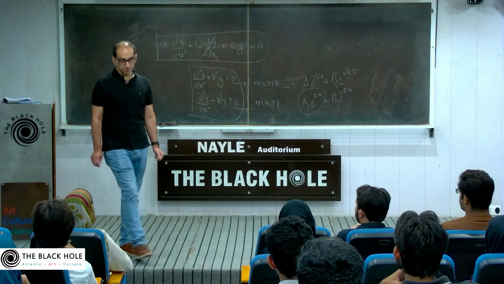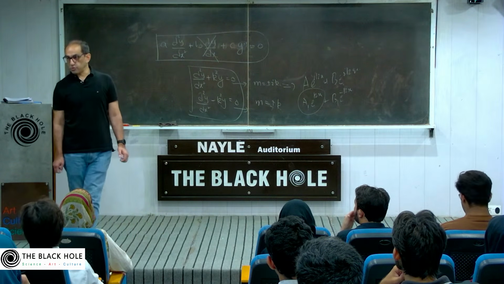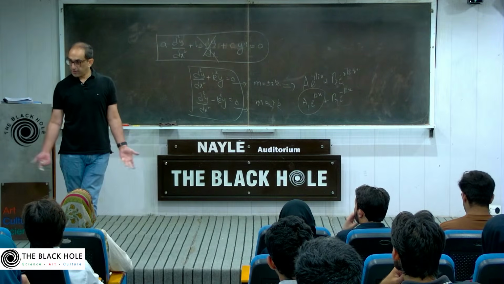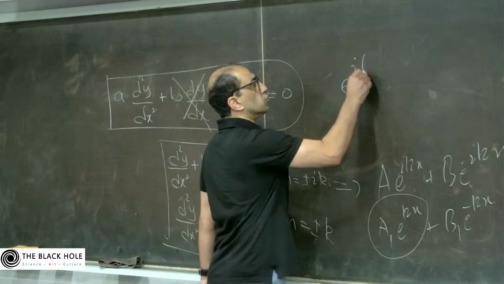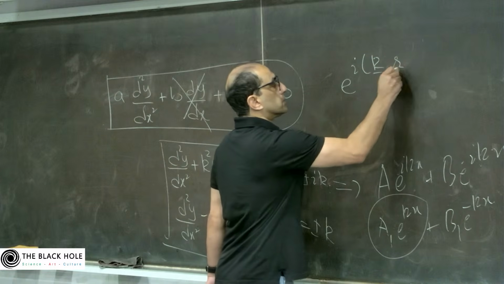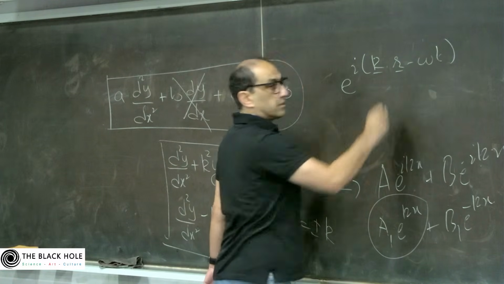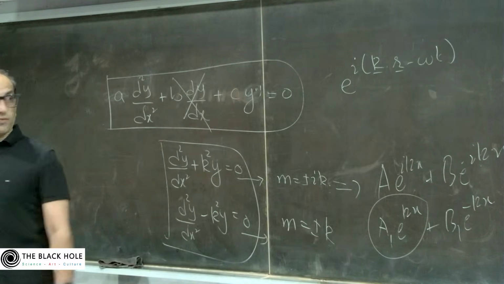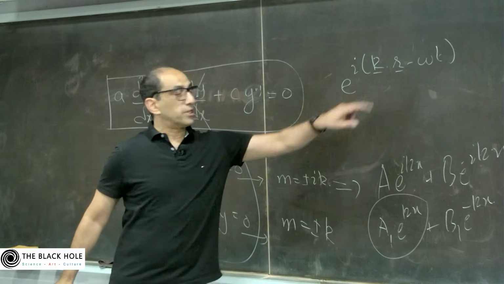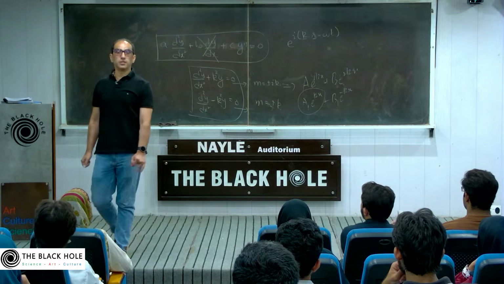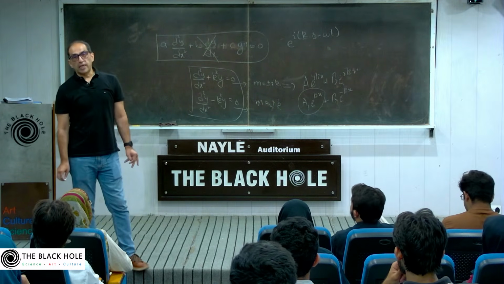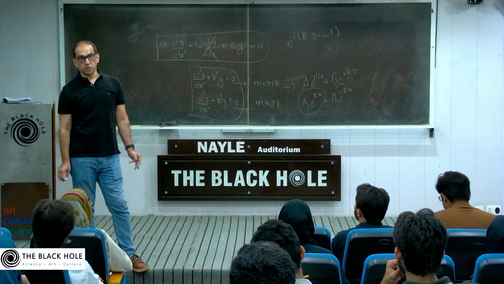Do I need to make any assumption to do that, or will I get it naturally? It is the exponential e raised to iota k dot r minus omega t that you assume. So where do you get something which is exponentially decaying or exponentially growing?